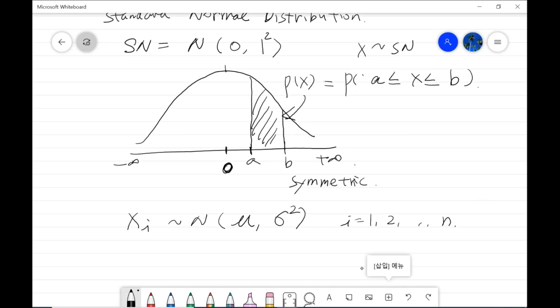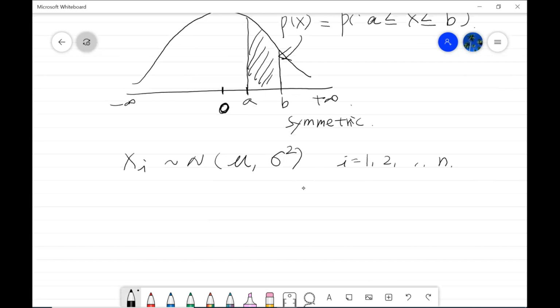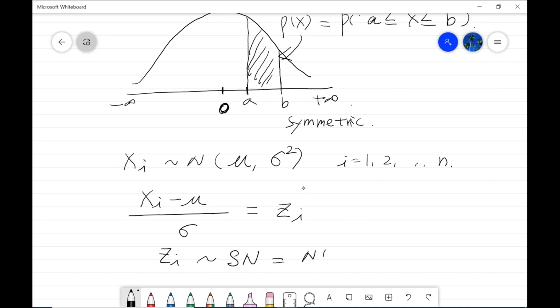Then if I have this simple formula, Xi minus mu divided by sigma, and call this Gi, the new value, then this Gi follows the standard normal distribution, a normal distribution with mean 0 and variance 1.